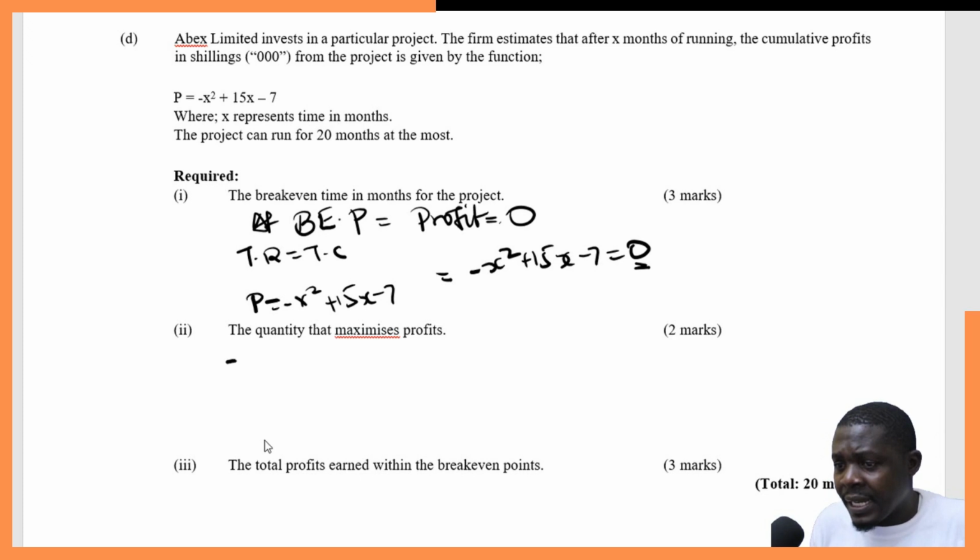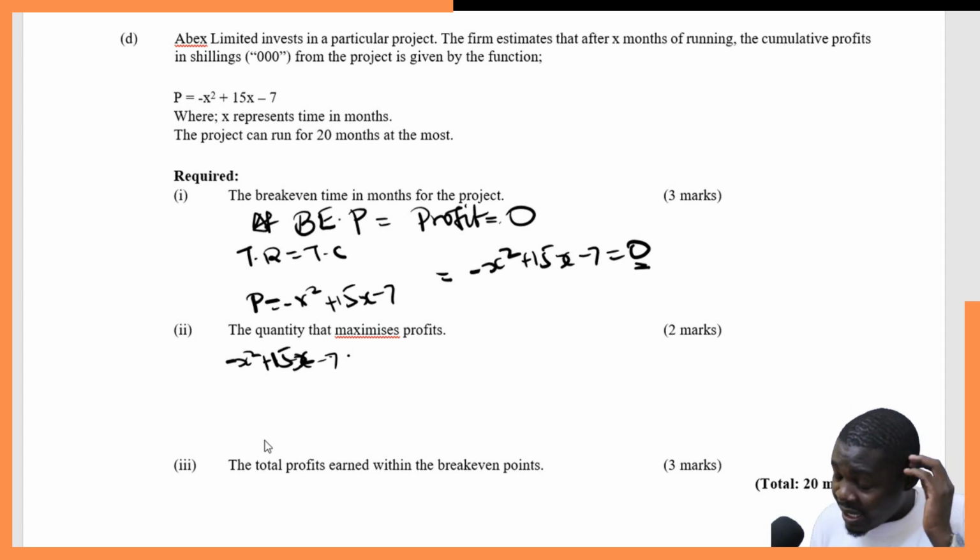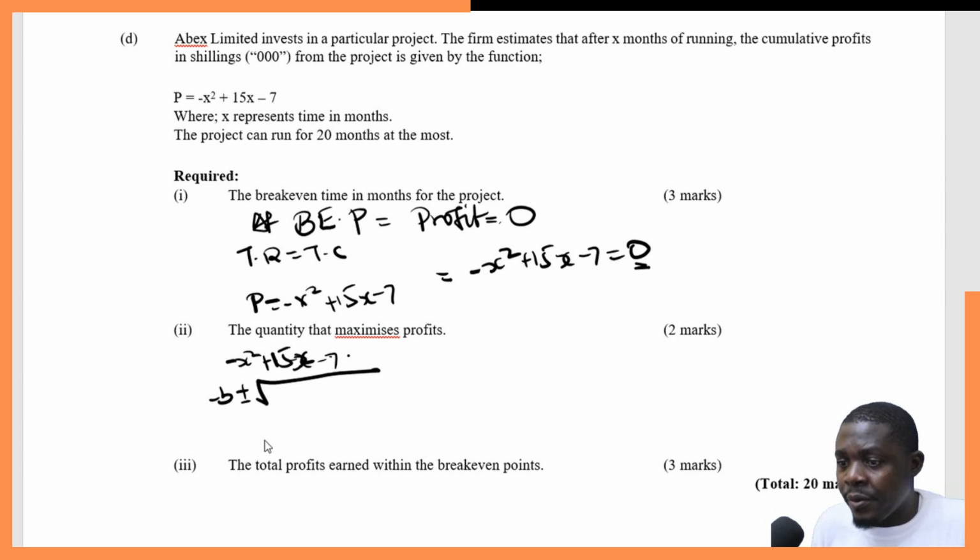We have negative x squared plus 15x minus 7. Now this one, let me use the formula method. We have negative b plus or minus everything under square root b squared minus 4ac, everything over 2a.